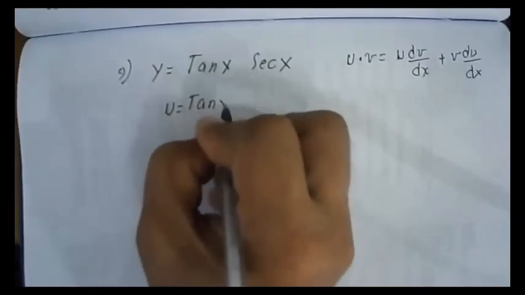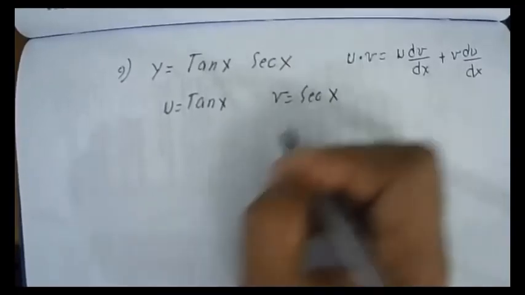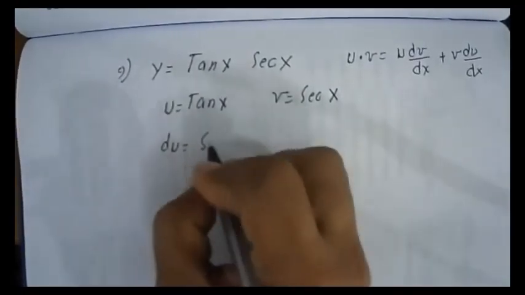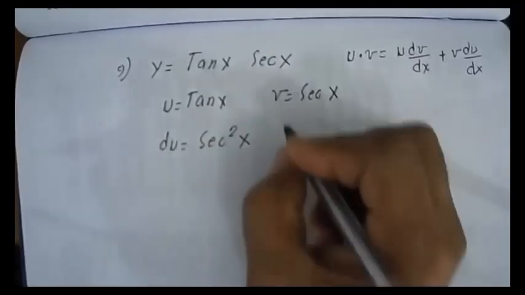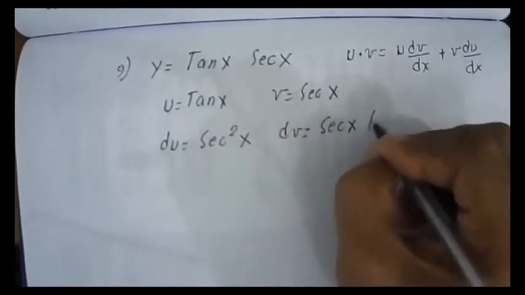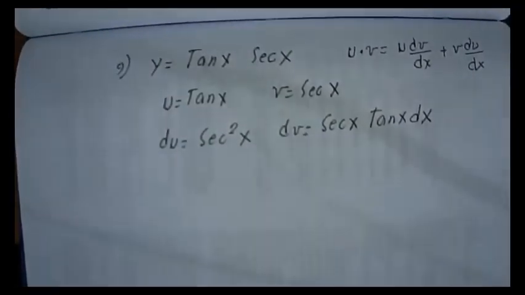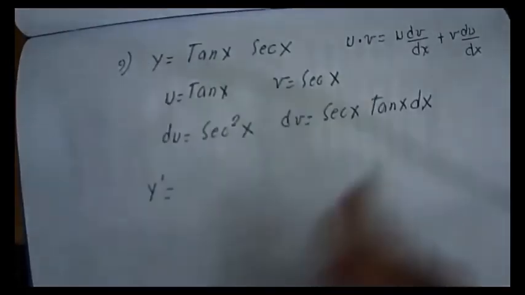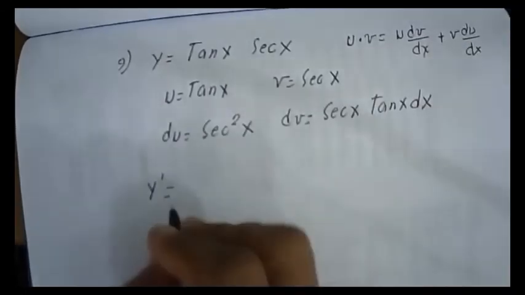Our u will be tangent x. Ano yung v natin? Secant x. Okay? Ano yung derivative ng tangent x? Is secant squared x. Derivative ng secant x is secant x tangent x dx. Okay? So, y prime, using this formula, u dv all over dx plus v du all over dx.